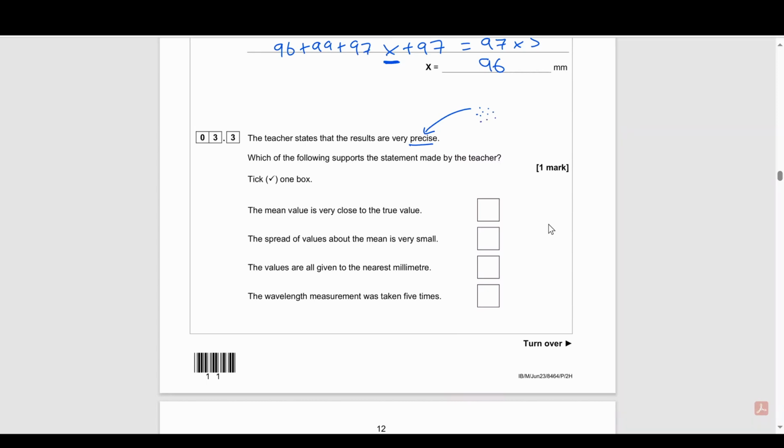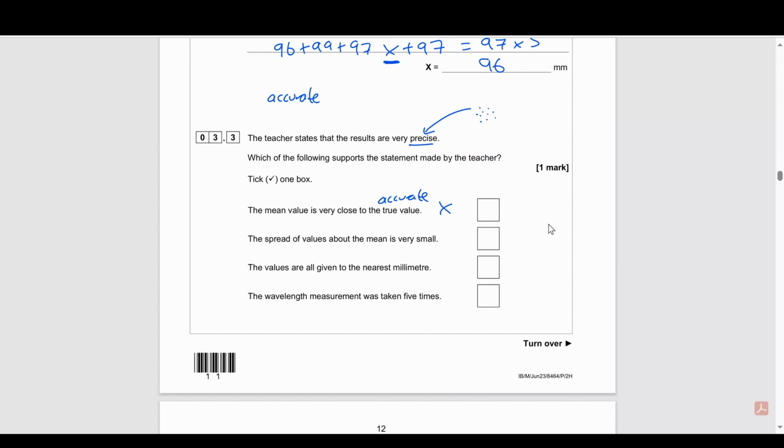That's different to the word accurate, because accurate means that your values are close to the target, the true value. So let's read them and see which description matches precise. First one, the mean value is very close to the true value. Well, that's what accurate means, as we said, so it can't be correct.